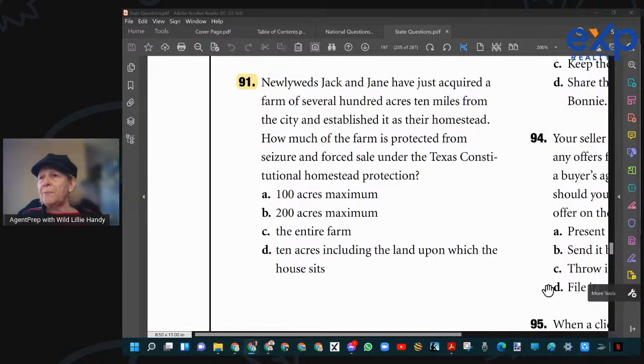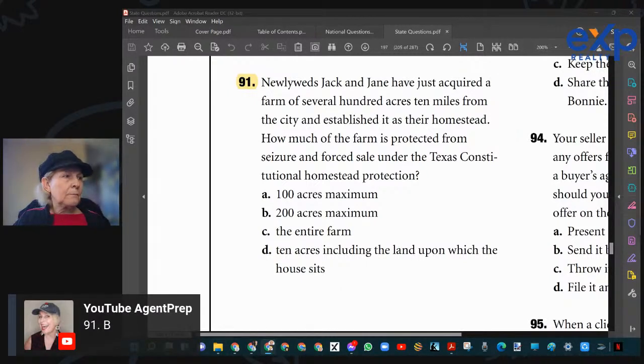Vivian, go ahead, type your answers. Yes, the answer is B, 200 acres maximum. So if it's a 500-acre farm, 200 acres will be protected under the homestead. Okay, number 92.